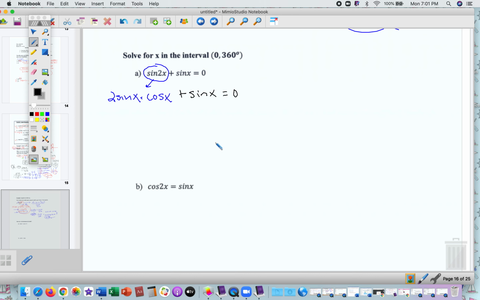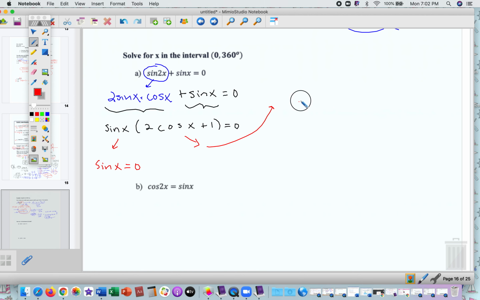Okay, after we do that, we need to look at both terms, right? 1 term, 2 terms. See if there's anything that they both have in common that we can factor out. We can factor out a sine. So we have sine x times 2 cos x plus 1 equals 0. Now we're going to set both factors equal to 0 and solve. So if we set sine x equal to 0, we'll come over here and we set 2 cos x plus 1 equal to 0. We're going to solve both.